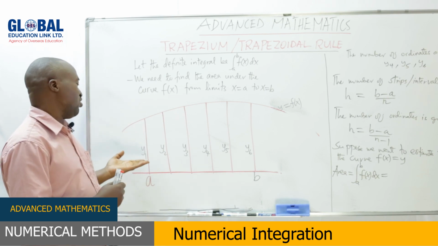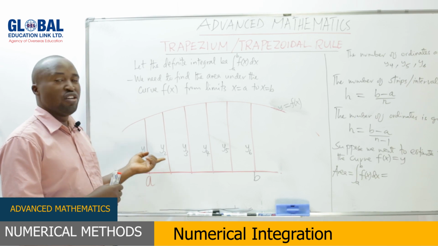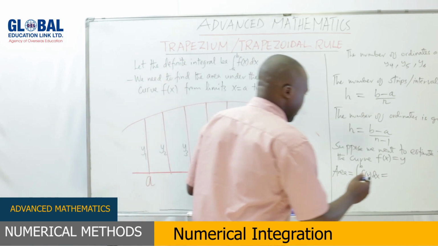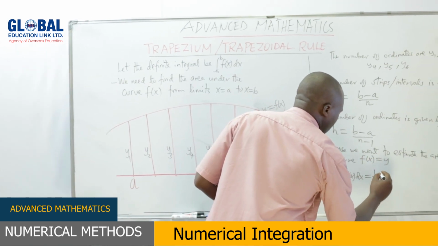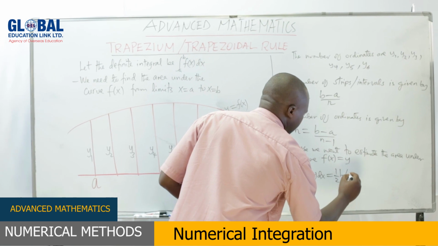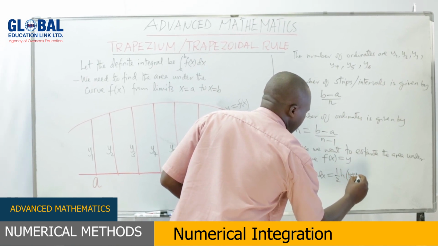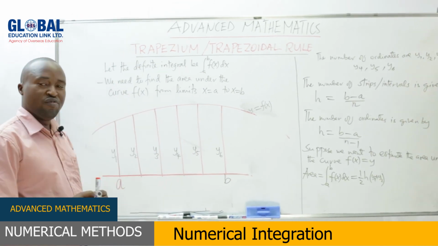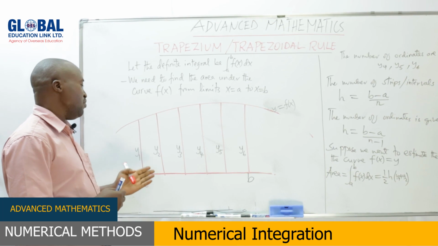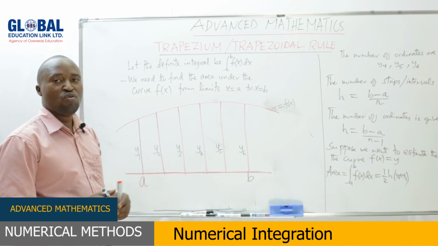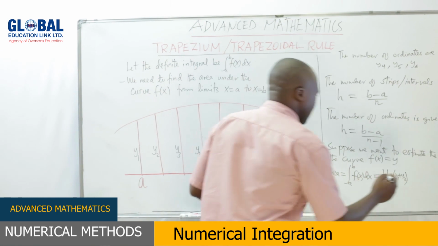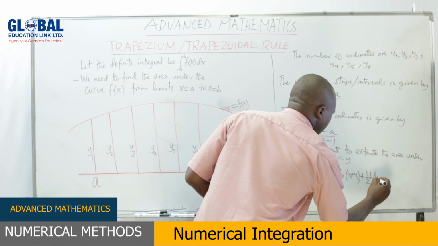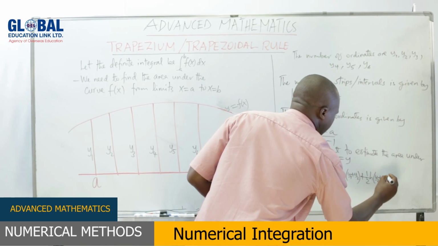So if we want to find the area between y1 and y2, that is the first trapezium, it will be the same as 1 over 2 h, then y1 plus y2. The second trapezium will be between y2 and y3, so we are going to have plus a half h, this time y2 plus y3.